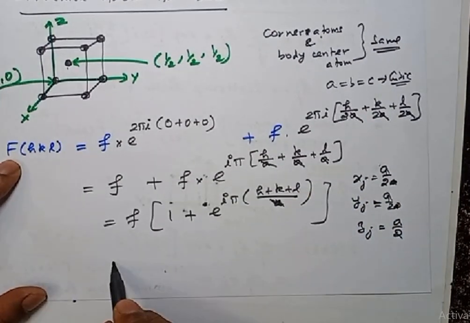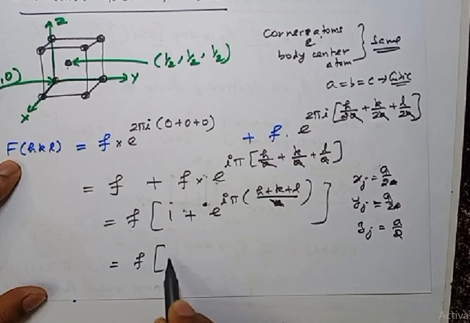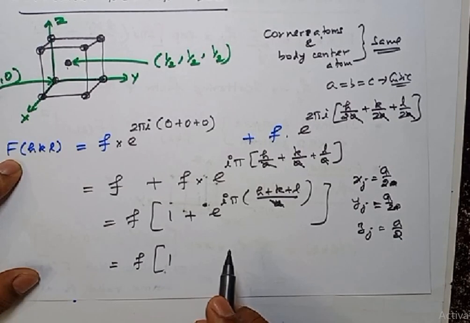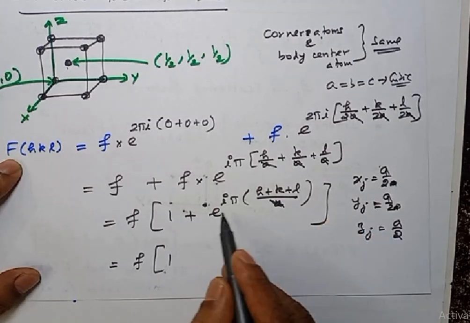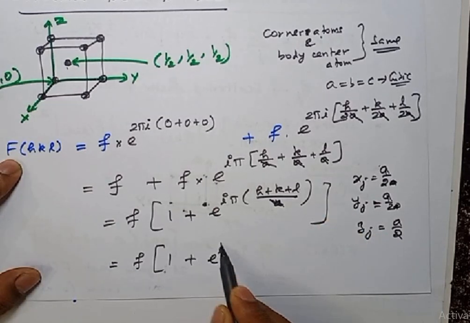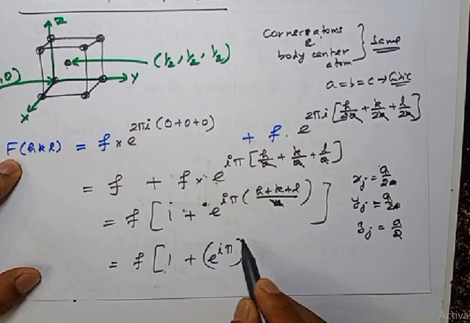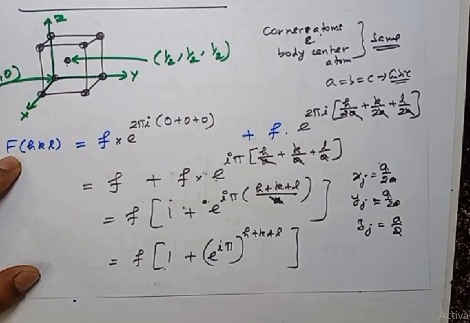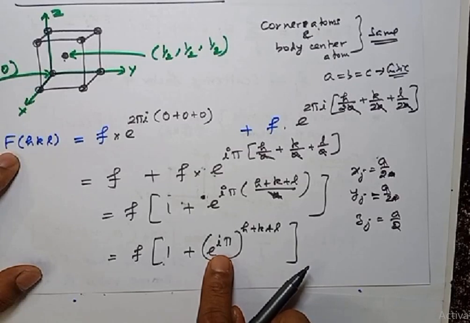Then observe carefully. I'll keep this f as such, 1. Now listen. How to write this one? I can write this as e power i pi whole power h plus k plus l. What's the value of e power i pi?